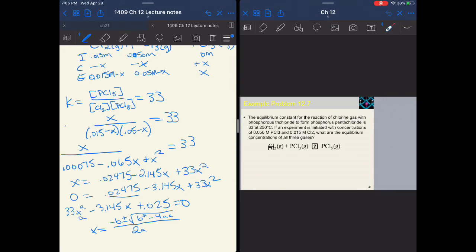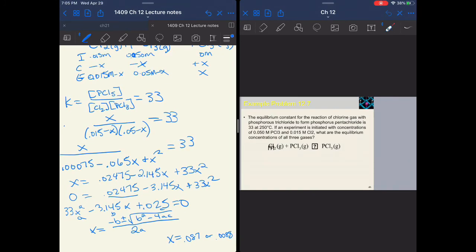And you're going to fill in a, b, and c. And you guys are going to do that on your own. And because of this plus minus in the quadratic, you actually get two values of x. So you get x is 0.087 or 0.0088.